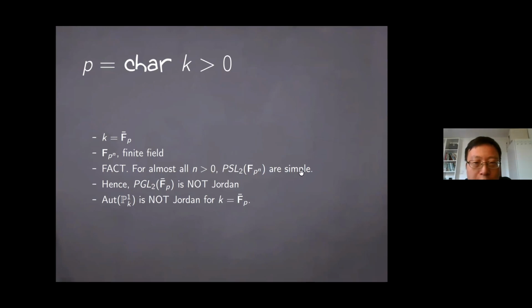So for almost all n, these are simple. You can see that these PSL2(Fpn) are finite subgroups of PSL2 of Fp bar, but they are simple. So in the definition of the Jordan property, the normal subgroup is either trivial or itself, but itself is not abelian, so it is the trivial group. But you can choose very large n, such that the index also goes to infinity. So this example shows the automorphism group of P1 is not Jordan for K the algebraic closure of Fp.